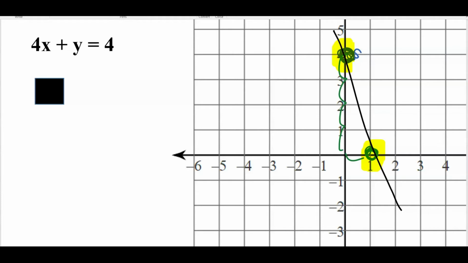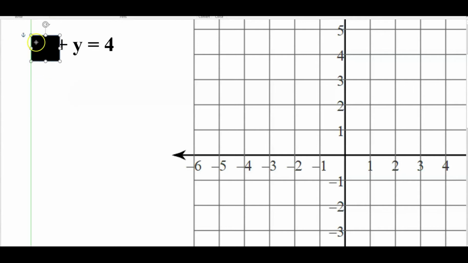Instead of putting this in slope-intercept form, and this is a way I used to always do this, if I just cover up the x term, the term that's in front of the x, if y is by itself, it gives me the y-intercept. Here it tells me that y equals 4.